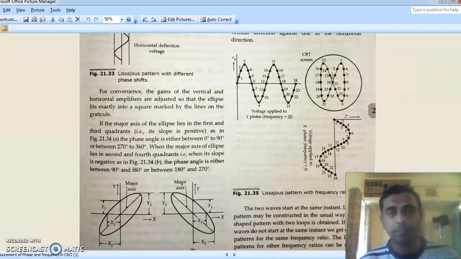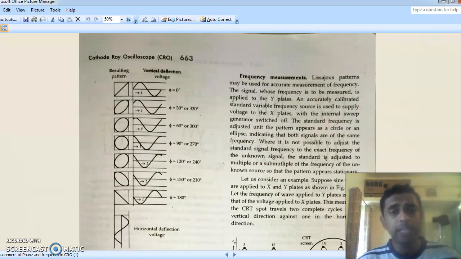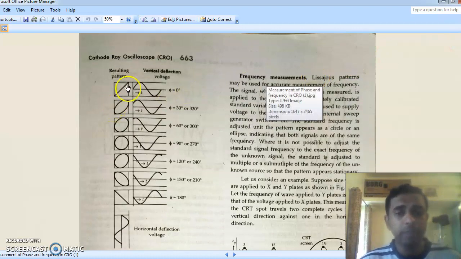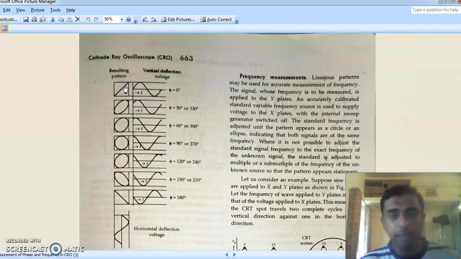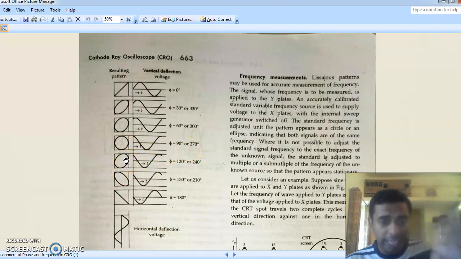You can see that a straight line becomes an ellipse. Then the ellipse size increases, finally becoming a circle. So a circle happens for either 90 degrees or 270 degrees. Then, this should be tilting to the other side.